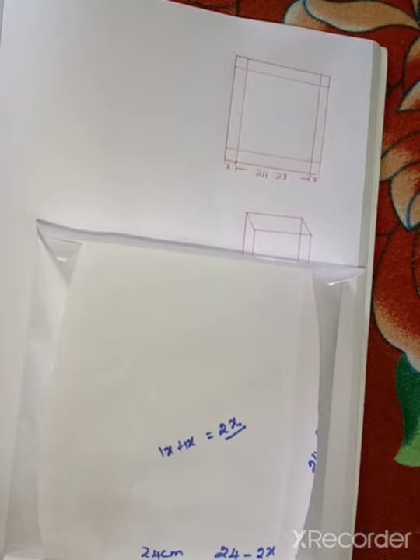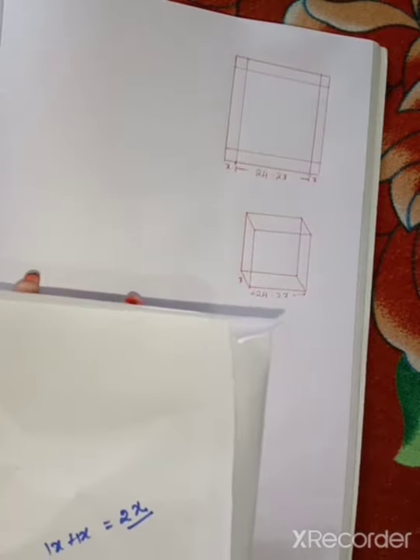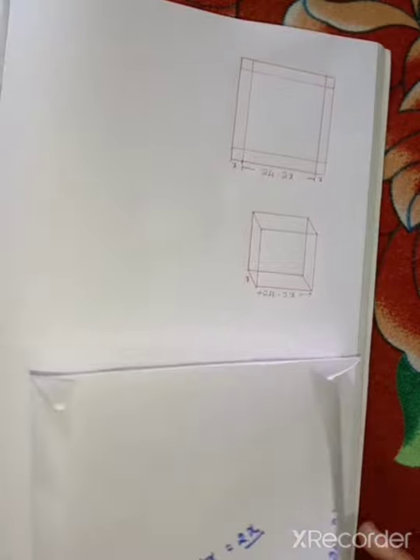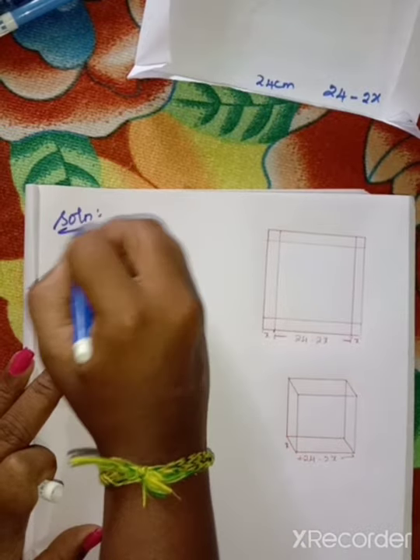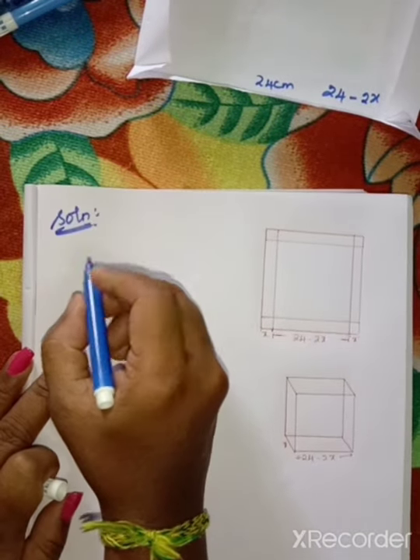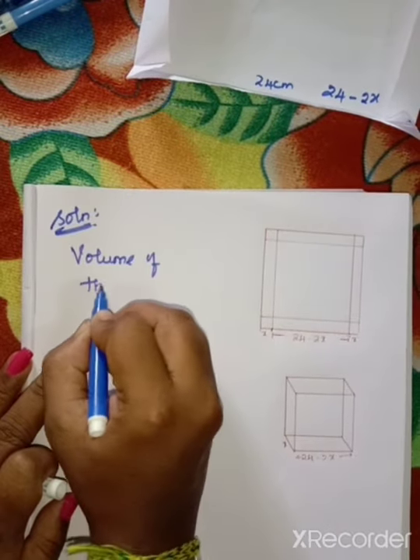They ask the cuboid volume. The box looks like the shape of a cuboid. For this, what is the formula? See, here they ask the volume of the cuboid.